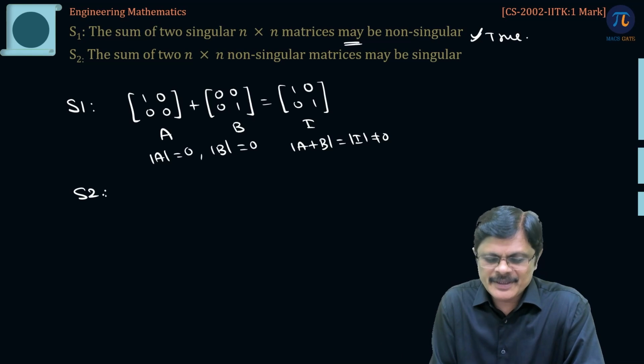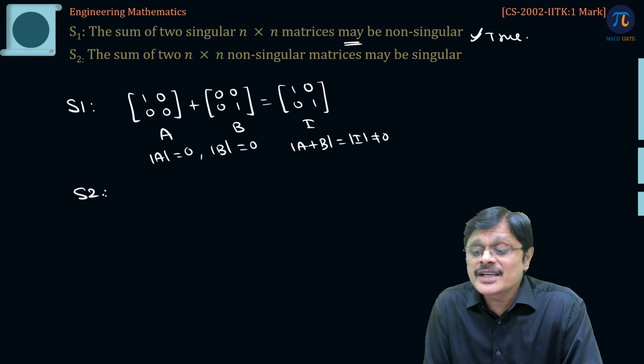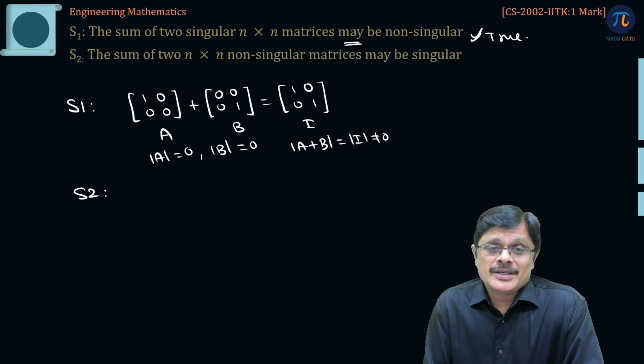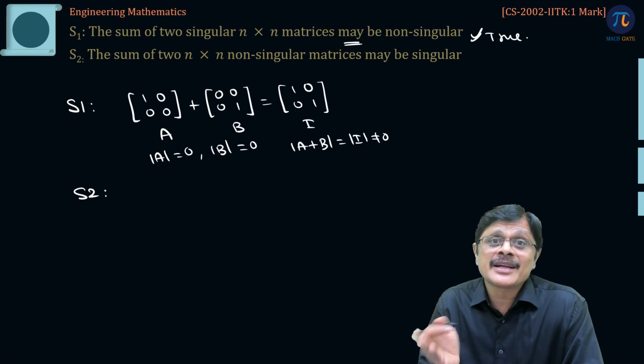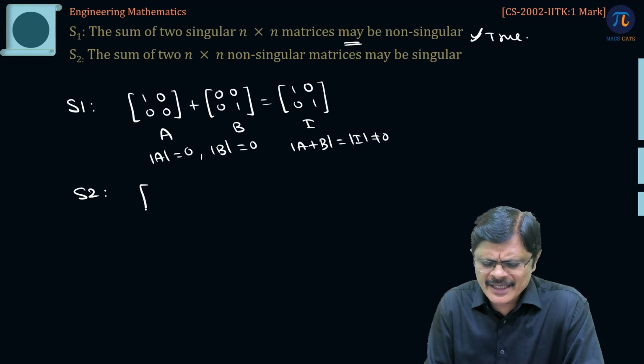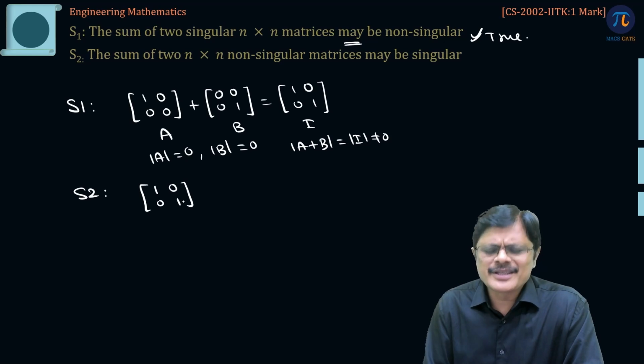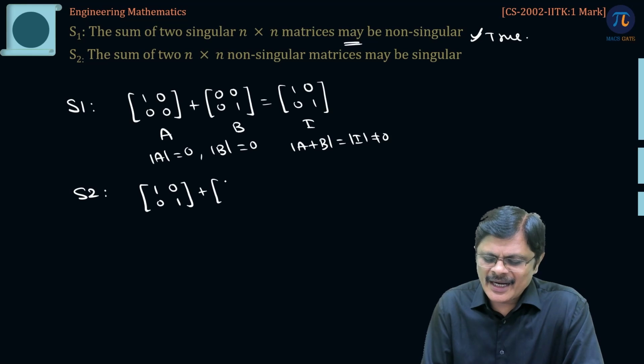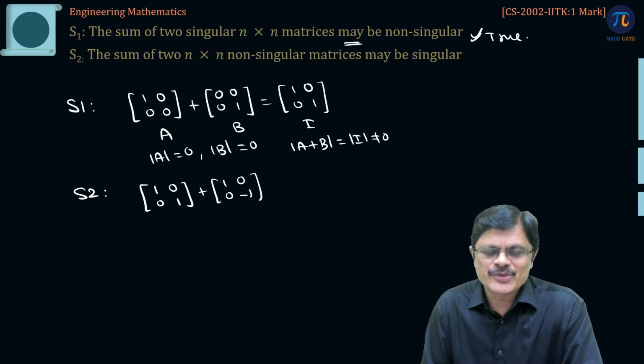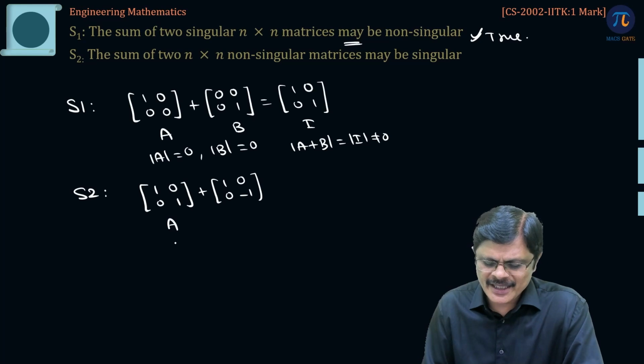Now the second statement: the sum of two non-singular matrices may be singular. See, the matrices are non-singular, but their sum may be singular. We can easily create one such example. Let us try with the identity, and I take one more with a small variant by making this minus 1. If you call it A, the determinant of this is 1, which is non-zero, non-singular.